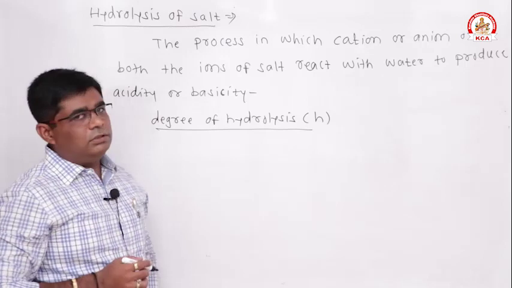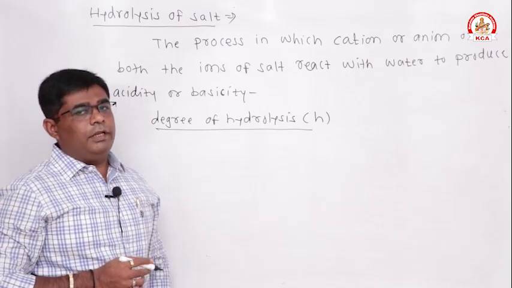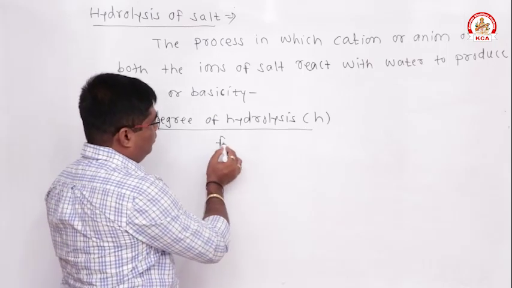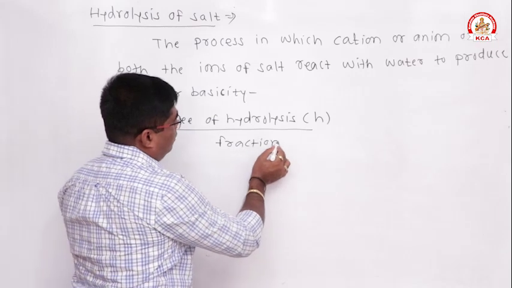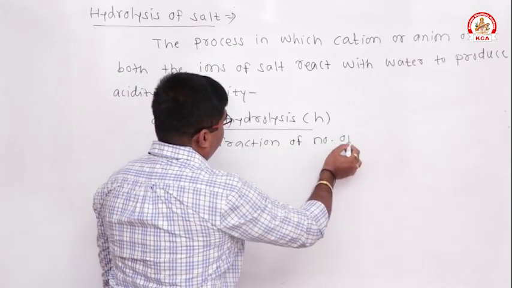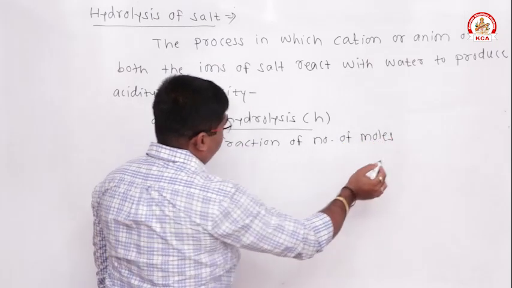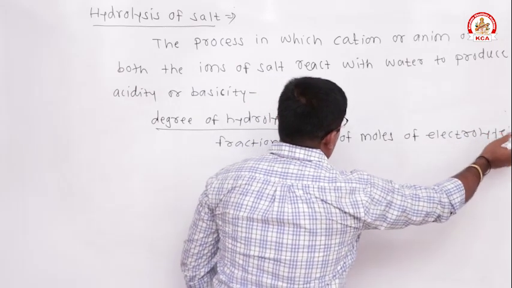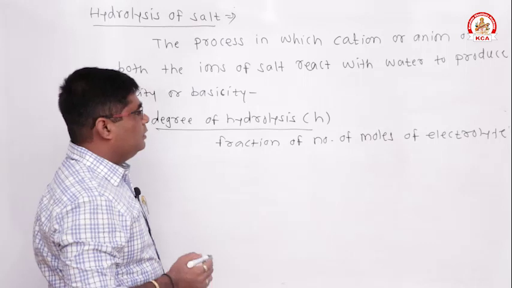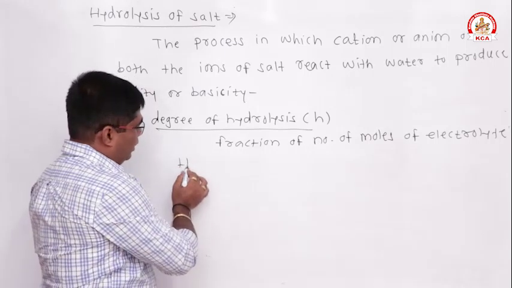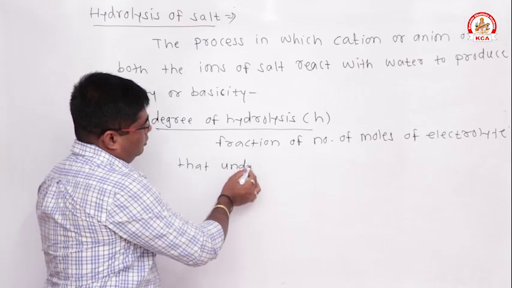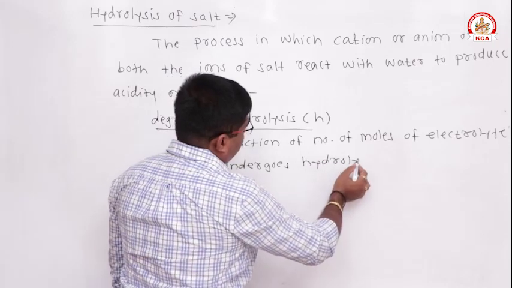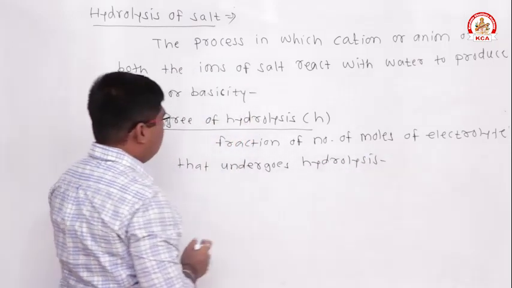The fraction of number of moles of electrolyte, generally that electrolyte is salt, the fraction of number of moles of electrolyte that undergoes hydrolysis is known as the degree of hydrolysis.